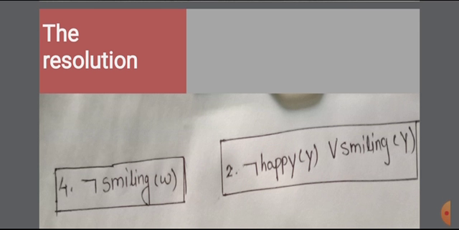In the clause number 2 we have the predicate smiling, which is the complement of clause 4, that is, negation of smiling. That's why we selected clause 2 to resolve with clause 4. The clause 2 has the negation of happy of y or smiling of y.